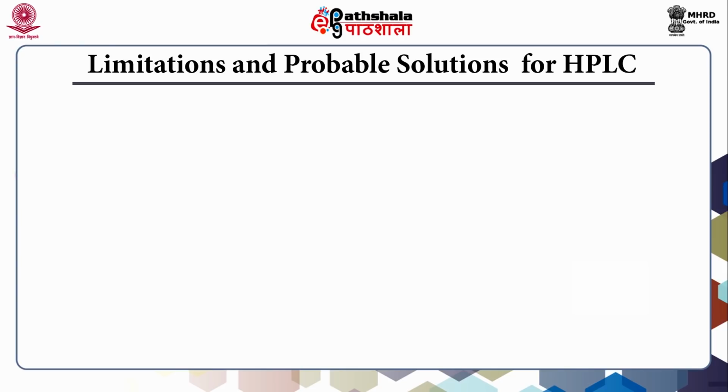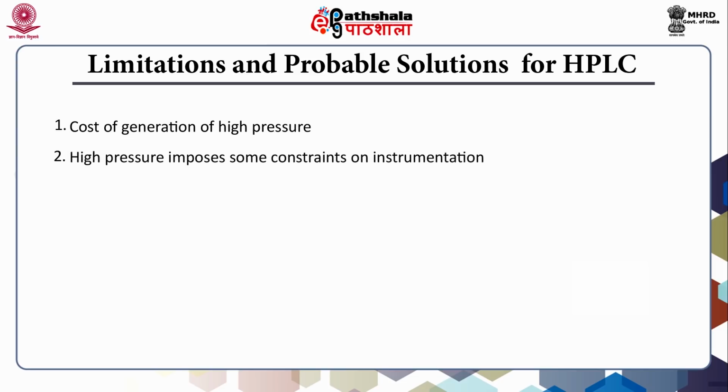The main limitations of HPLC are the high cost of generation of high pressure, and high pressure imposes some constraints on instrumentation. HPLC also has relatively low flow rates, so the experiment is very time taking.